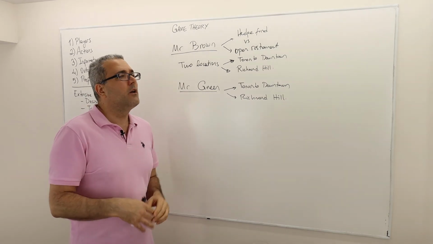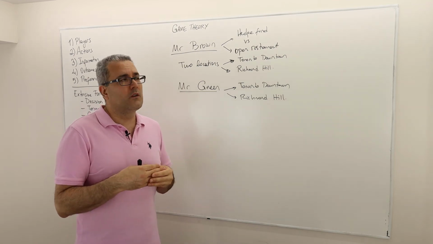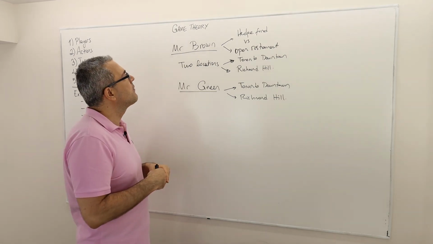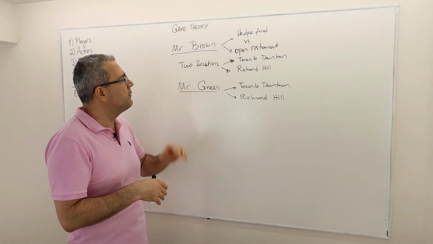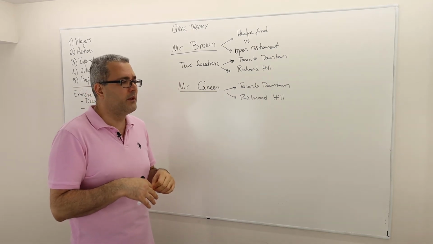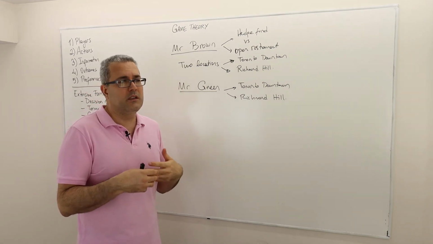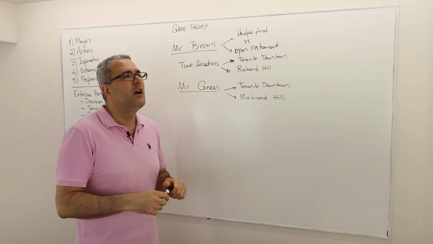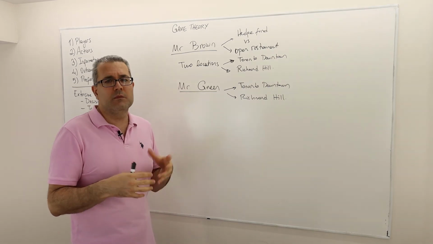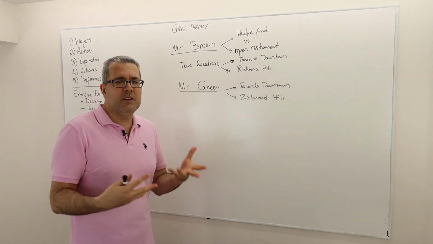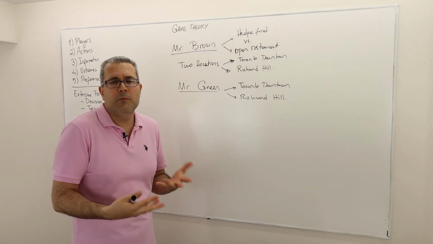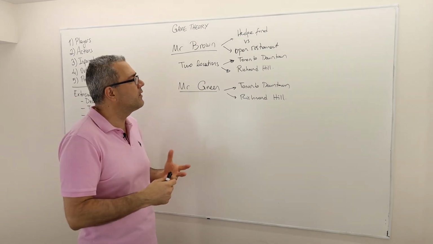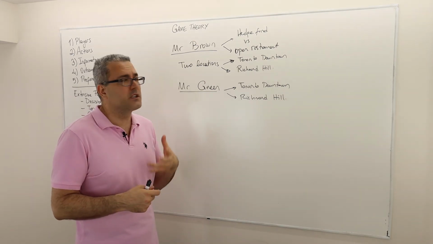All right. So let's make things more competitive in a sense. So let's suppose both Mr. Brown and Mr. Green are willing to open the same style of restaurant, an Italian restaurant, let's say. So the environment is going to be very similar, the concept is going to be very similar, the foods are going to be very similar, et cetera, et cetera. And so the competition is very fierce. What does that mean?